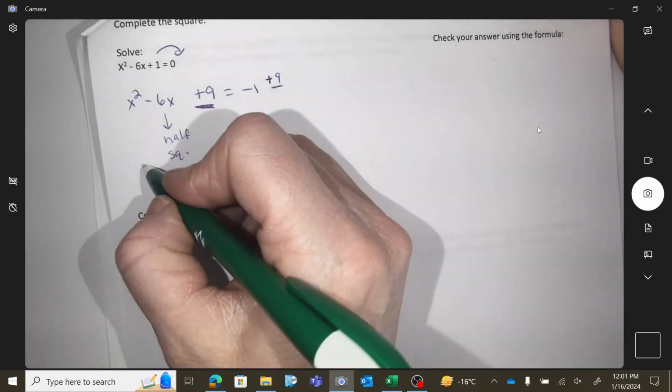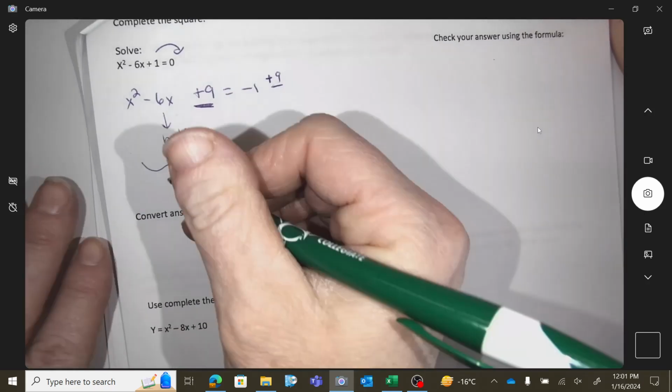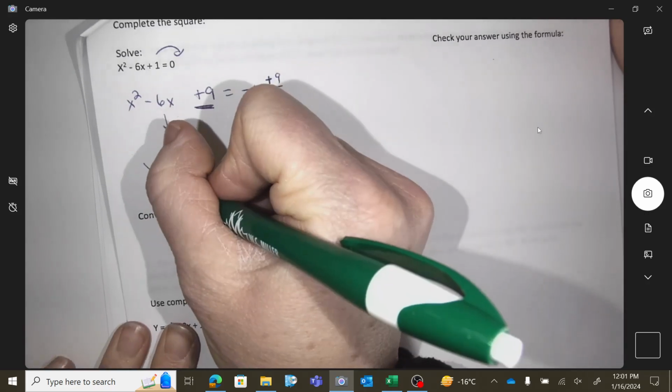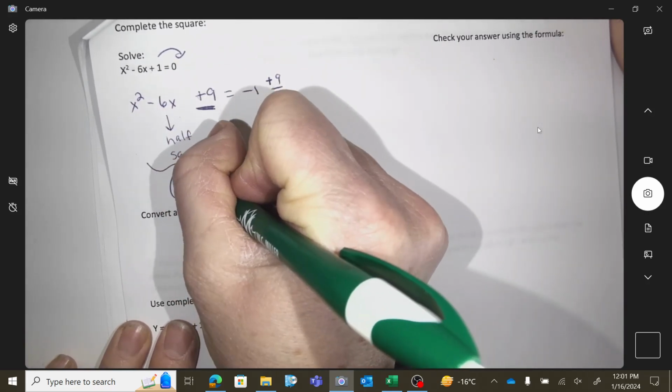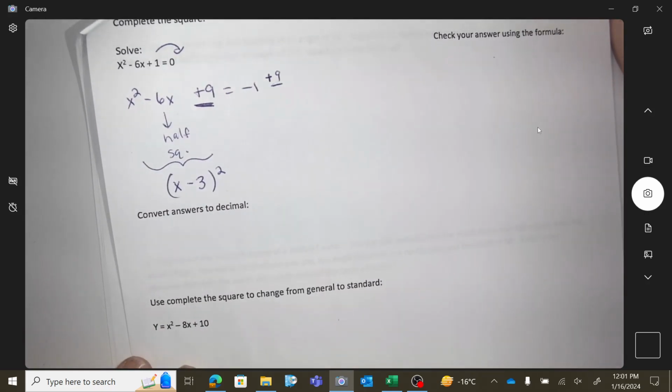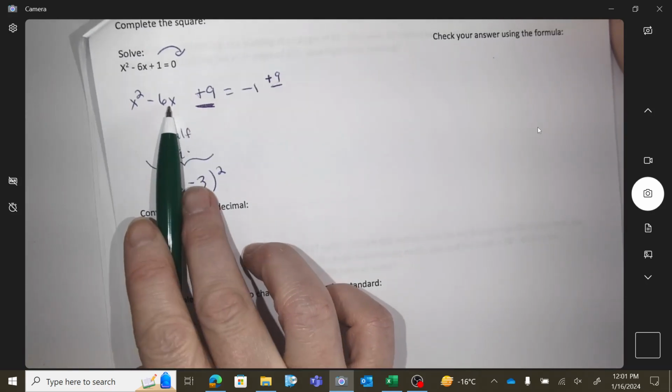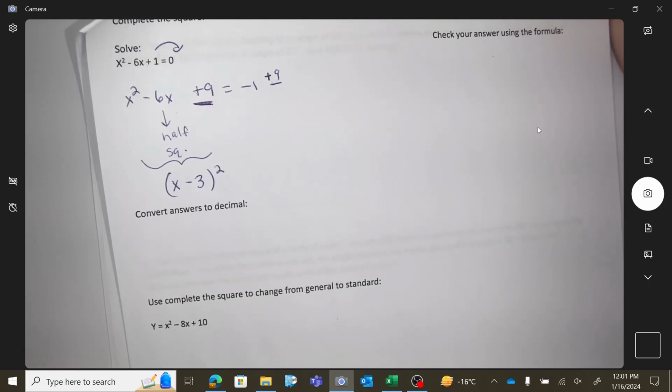Okay, next. How do you write this trinomial as a perfect square? What would square to get that trinomial? Remember, you're foiling with binomials. This always adds to the middle, times is to the end.